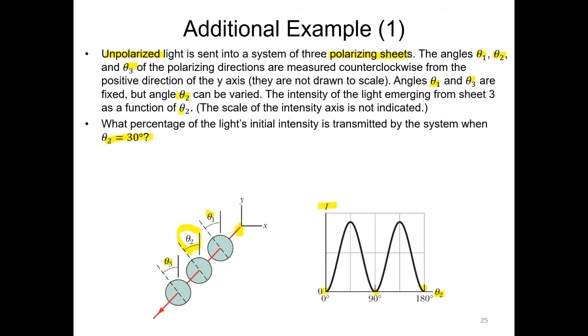So it should be perpendicular to either of them, which means that we may consider theta 1 to be 0 degrees and theta 3 to be 90 degrees, or vice versa, but it doesn't really matter, as long as we multiply them one after another. So the order is not really important.